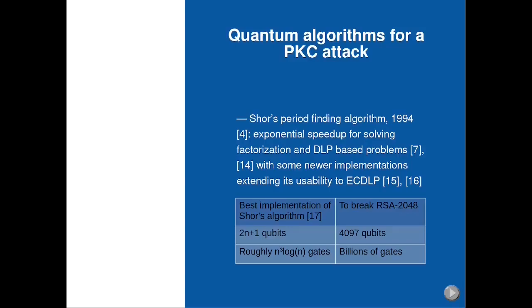So using this information, if someone is trying to break RSA, in this case the RSA is using 2048 bits, trying a Shor's implementation will require 4097 qubits and a huge number of gates.